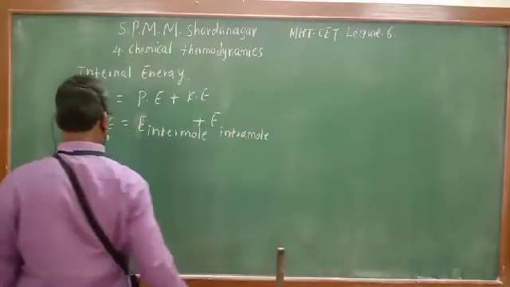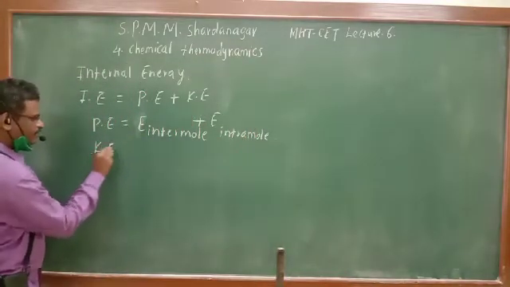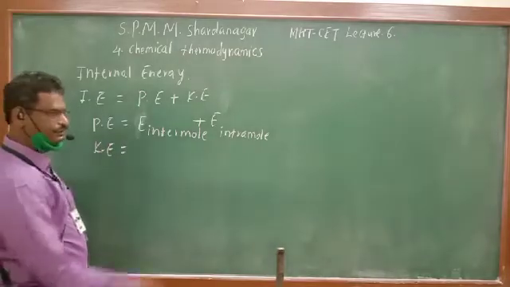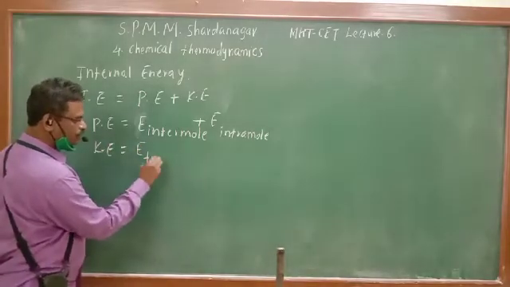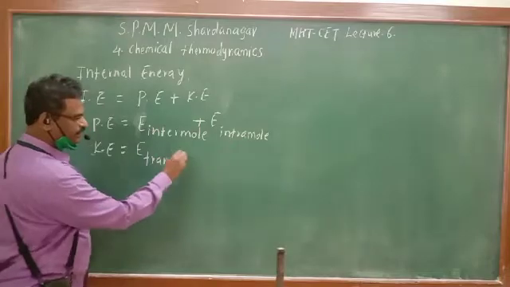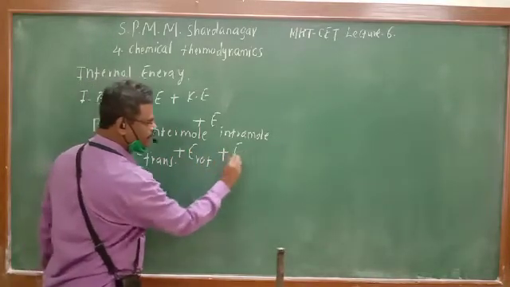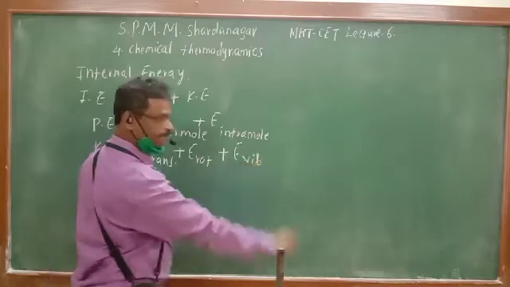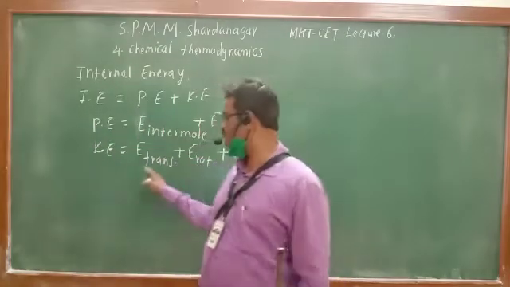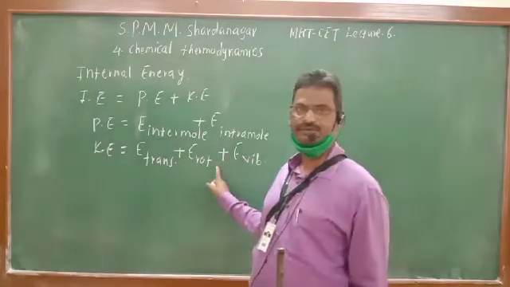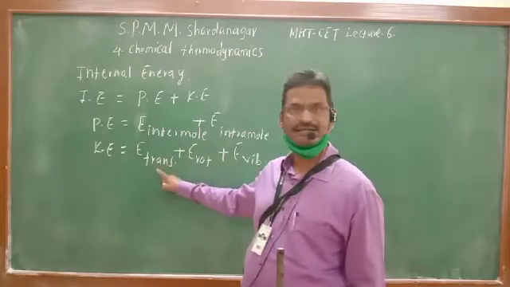In a similar manner, kinetic energy is also of three forms. It is the energy due to translation, E trans, energy due to rotation, and energy due to vibration. These are three different forms of kinetic energy. What is meant by translational energy?